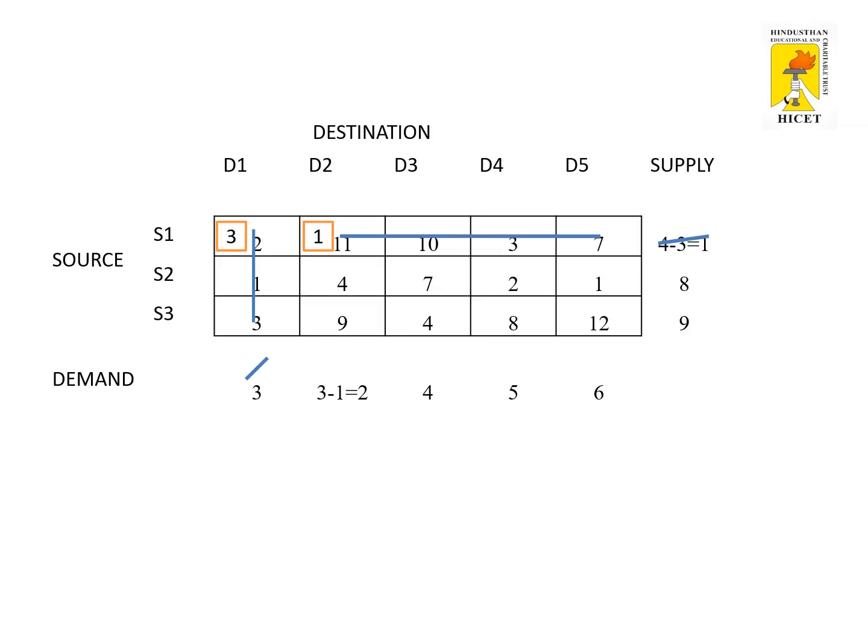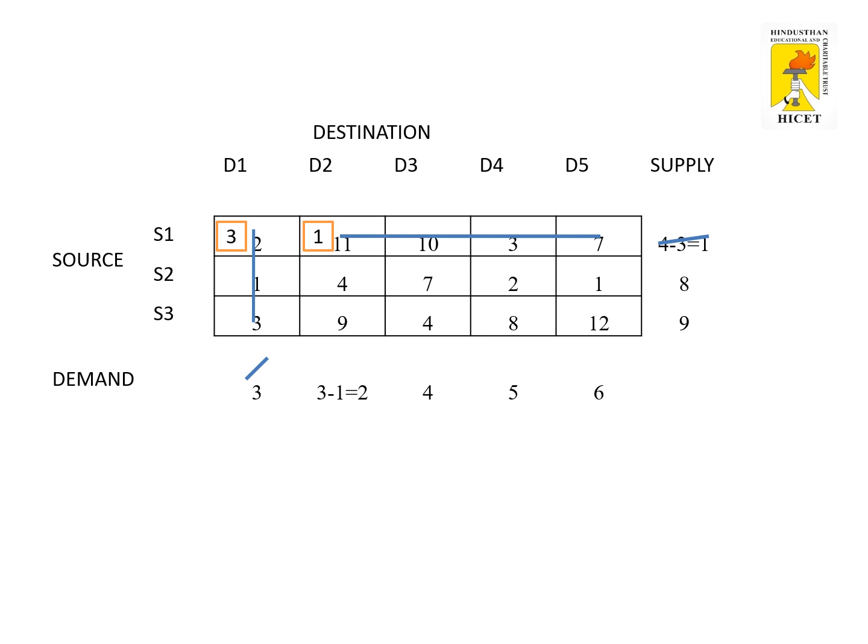According to the northwest corner method, S1, D1 has to be the starting point, that is the northwest corner of the table. Each and every value in a cell is considered as the cost per transportation.